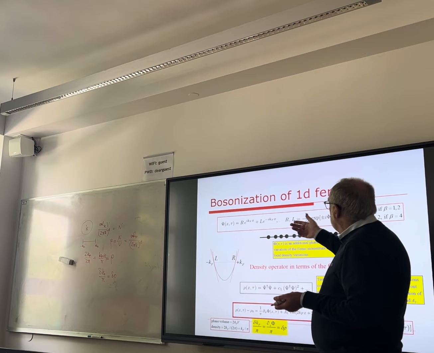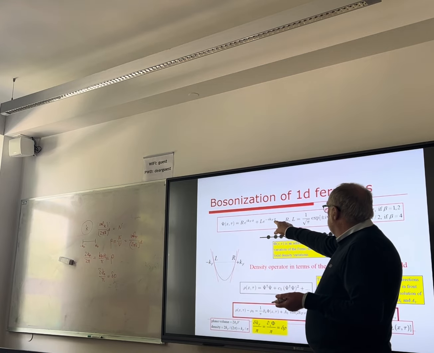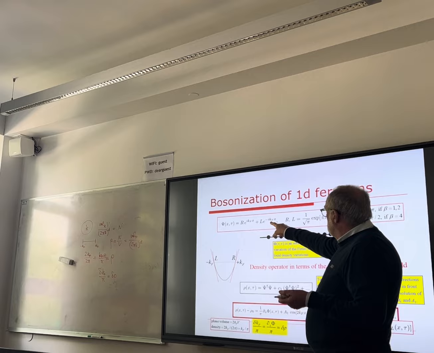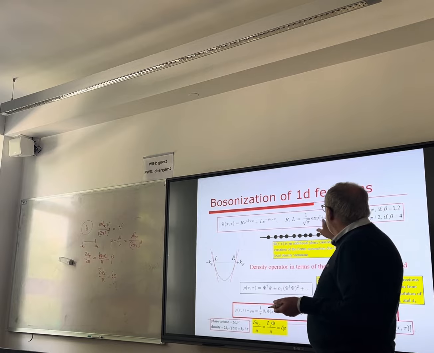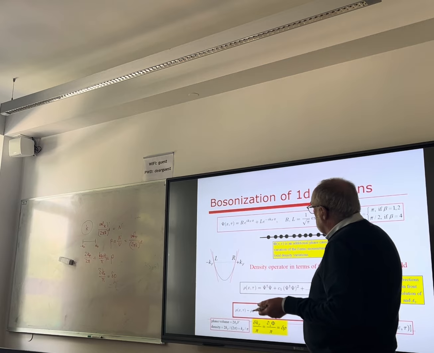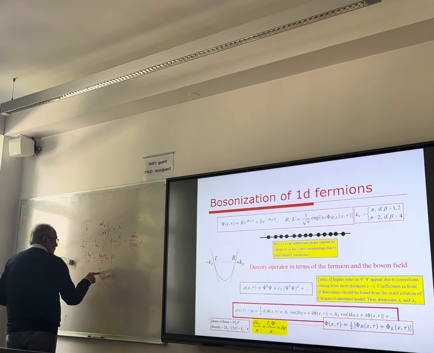Then, if I differentiate the whole phase with respect to x, I have first the basic Fermi momentum, and then the derivative of this thing, which is interpreted as the variation of the Fermi momentum.